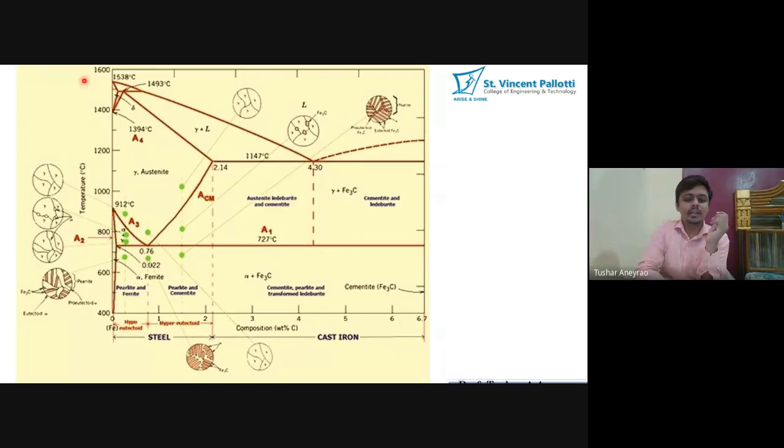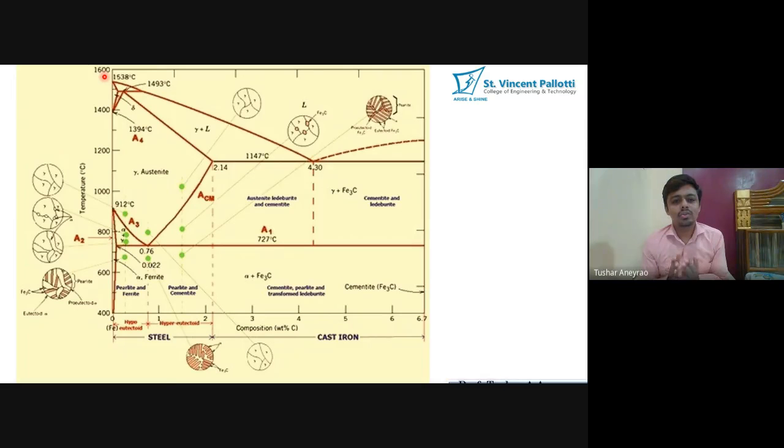So scientists decided to constrain the diagram up to 6.7% only, as all the useful phases we can get are up to 6.7%.